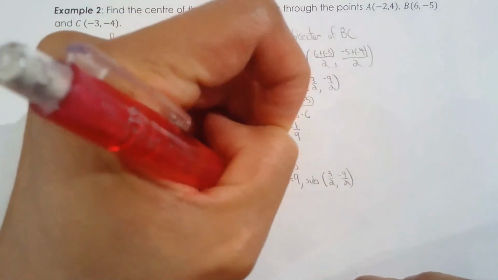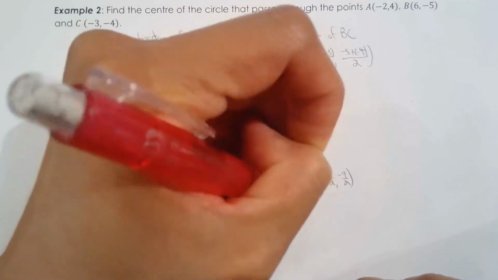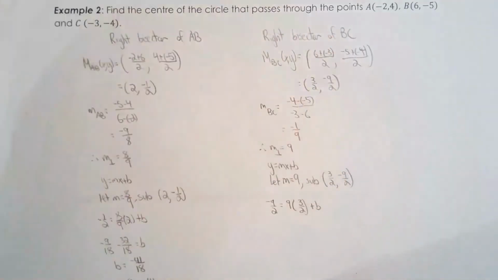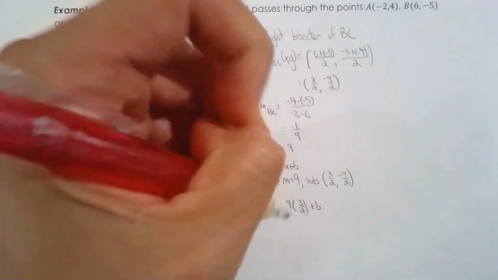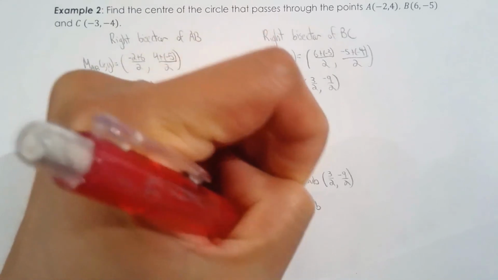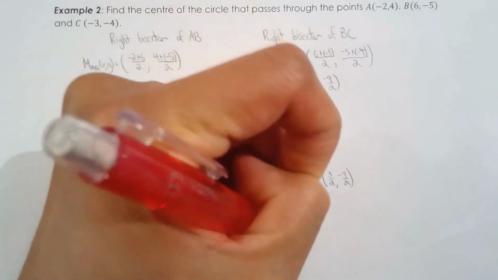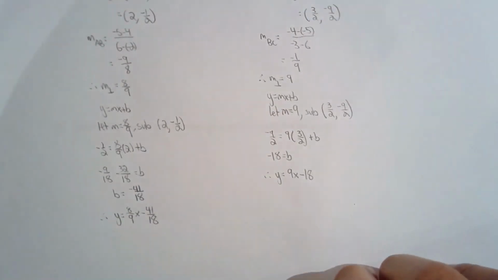Okay, let's keep going. So this will be 27, and then you subtract, so it's -9 minus 27, which is -36 over 2, which is -18. So y equals 9x minus 18. Okay. Alright, that was a lot of work.